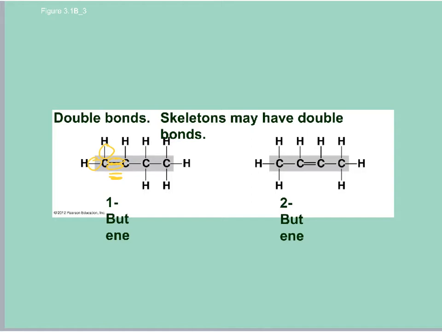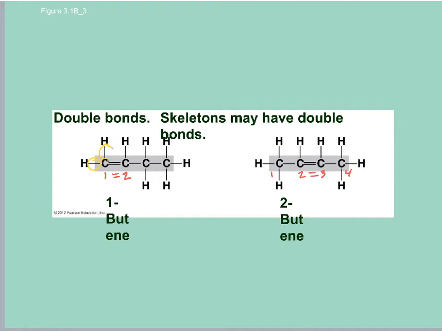The position of those double bonds will have an effect on the molecule as well. So if we go back to the first example, there's a double bond between the first and second carbon right here, right? But in a molecule that's very similar but slightly different, we've got that double bond existing between carbons 2 and 3.